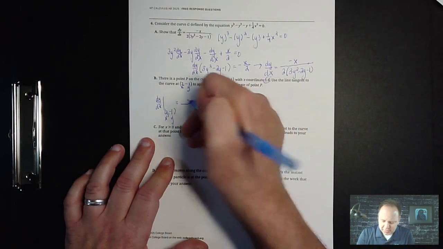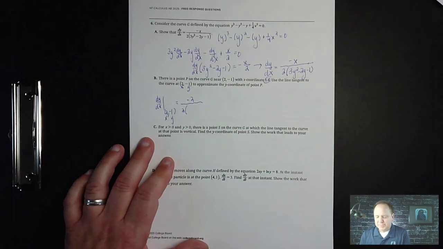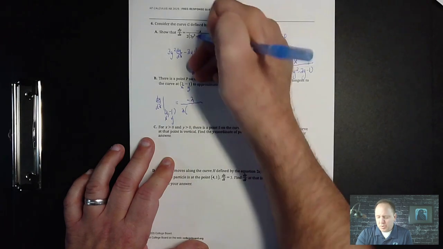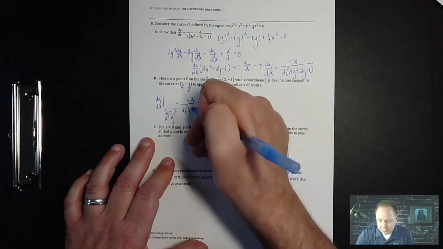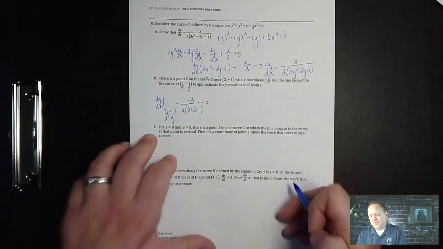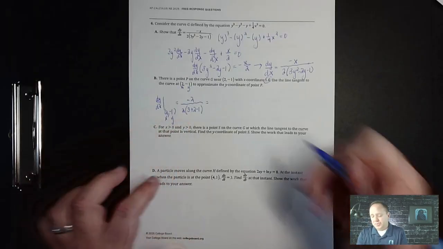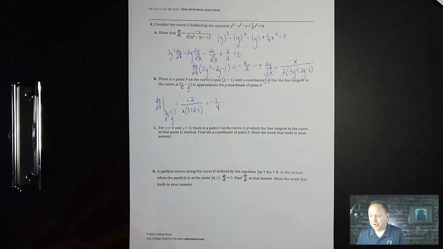Negative x would be negative 2. The denominator would be 2 times quantity negative 1, quantity squared is 1, so that would be 3 plus 2, be careful, minus 1. That would be a negative 2 all over 8, which would be a negative 1/4. Just do some double checking in your head and make sure you're good to go.